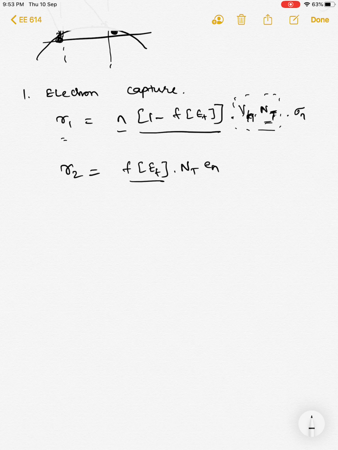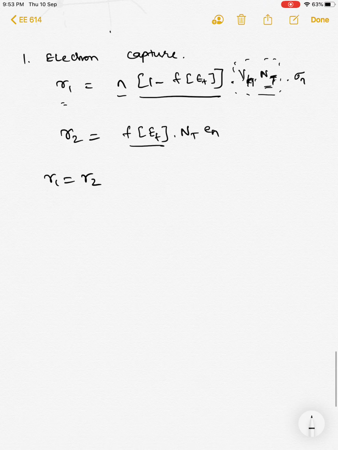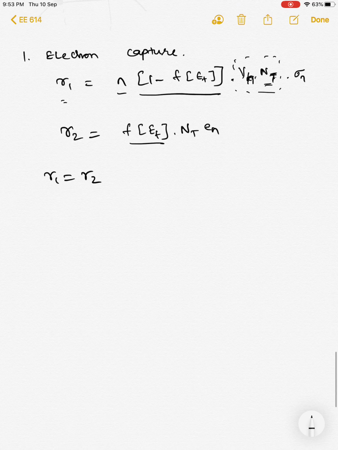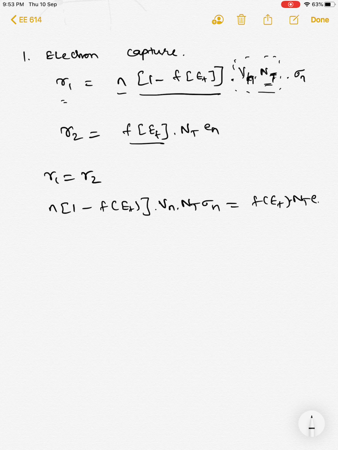So at steady state you have R1 equal to R2, because at steady state there is no net change in the density of the trap sites which are occupied, and the density of electrons in the conduction band, the density of holes in the valence band, nothing changes at steady state, right, at thermal equilibrium. So if this turns out to be true, then you have n into 1 minus f of Et, Vn Nt sigma n is f of Et Nt En, right?